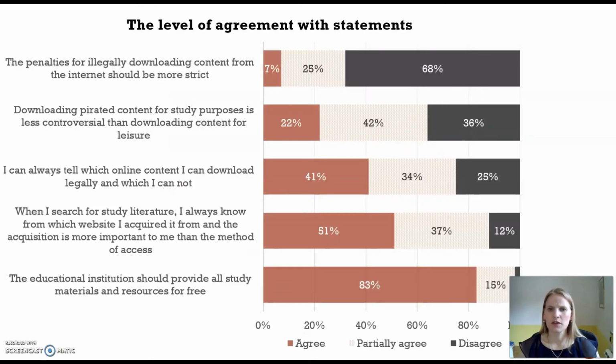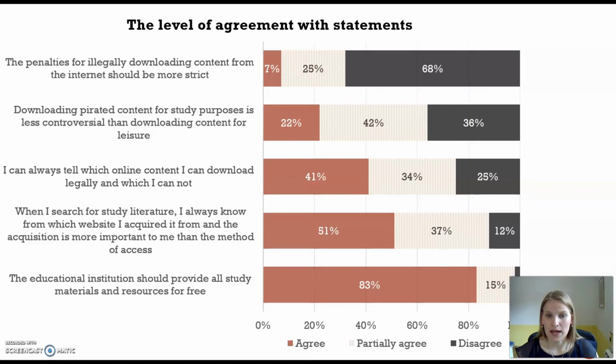This chart represents the level of agreement of respondents with various statements about piracy. As you can see from the first line, the vast majority of students disagree that penalties for piracy should be stricter.